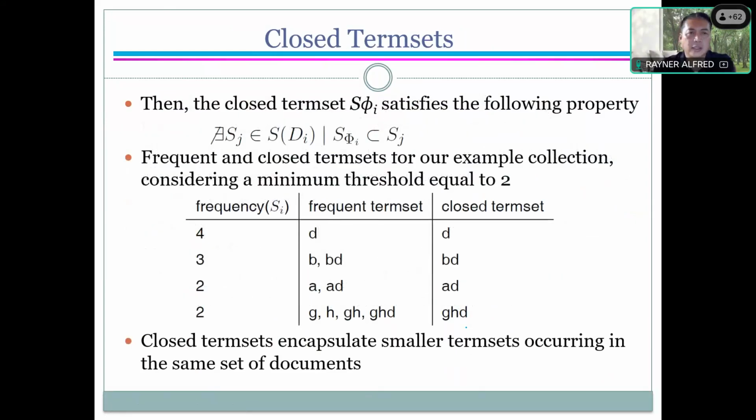So if we formalize, we are saying that we should not have a bigger composition such that the closed term set is a subset of this.